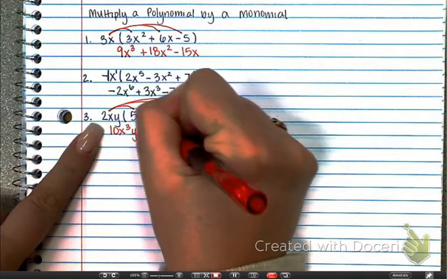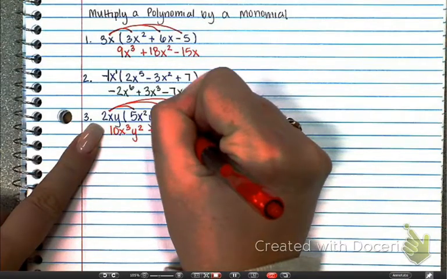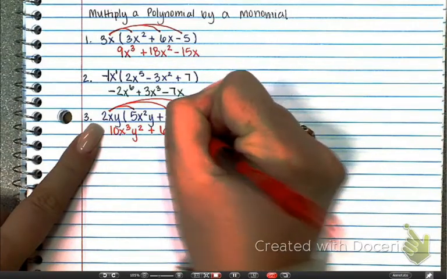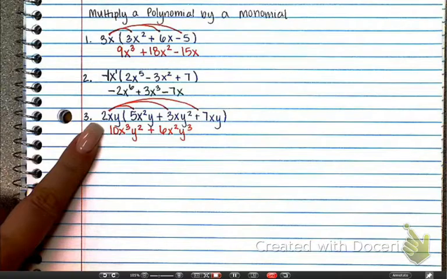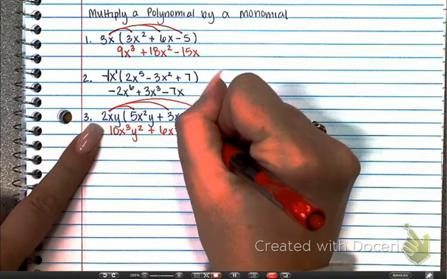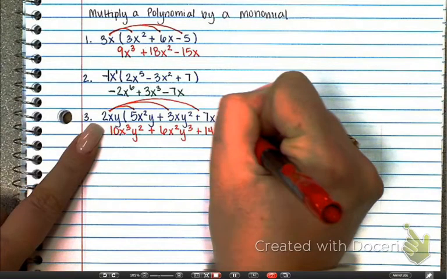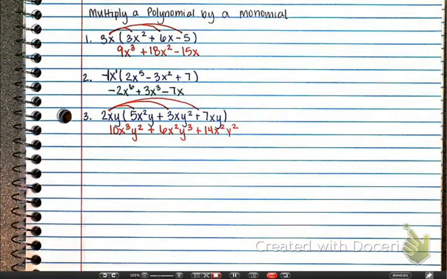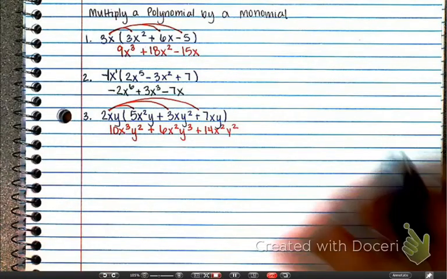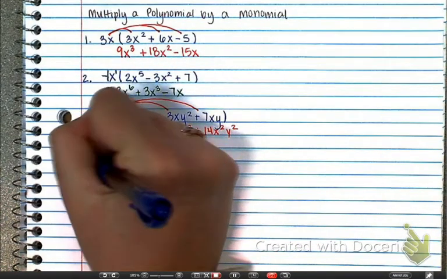Plus 6x squared y to the third. And then 14x squared y squared. How do we do? Good? So good.